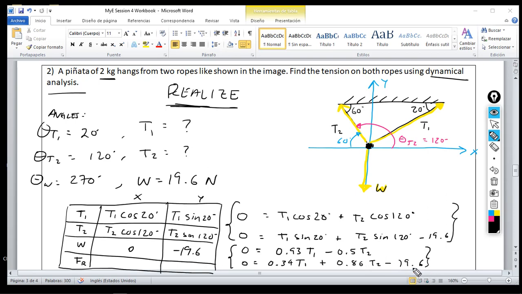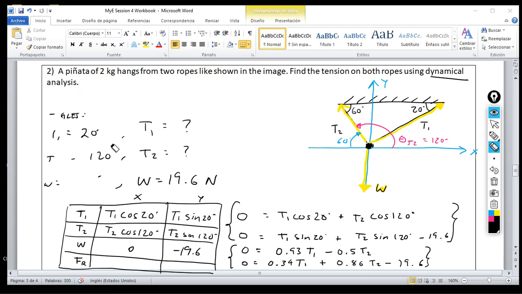Okay, this is what I got. With the simplification of the trigonometric functions, I get these values. Once we get to this point, we can discard everything that we have done up to this point. We don't care about this anymore. All I wanted in the end is this system of two equations.